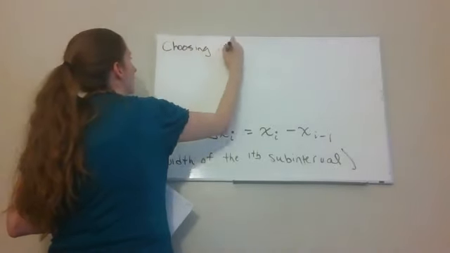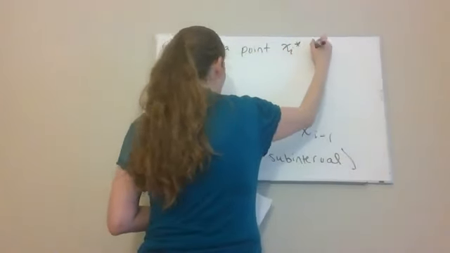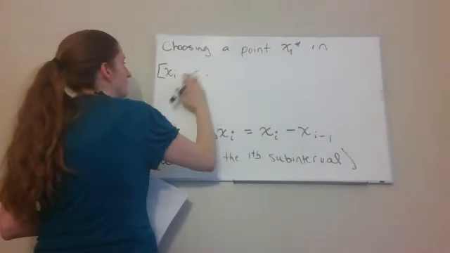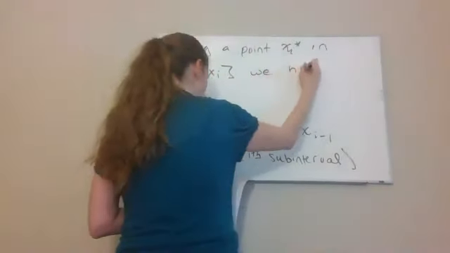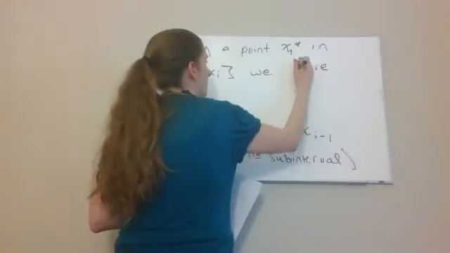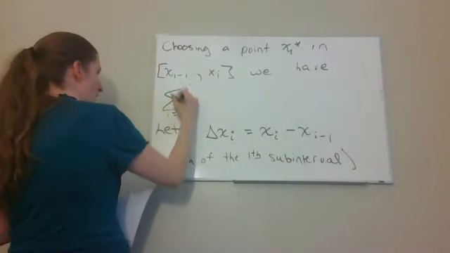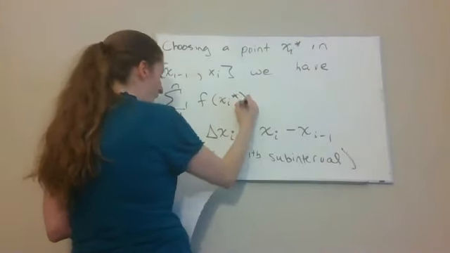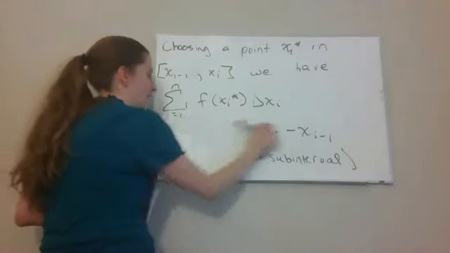So choosing a point, xi star, in the ith subinterval, we have the sum from 1 to n of f of xi star times delta xi approximates the area under the curve.